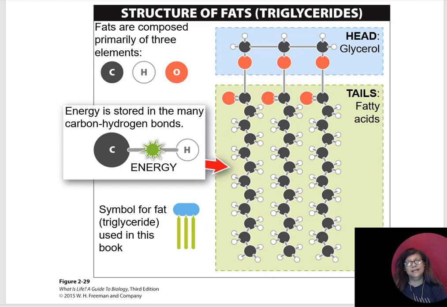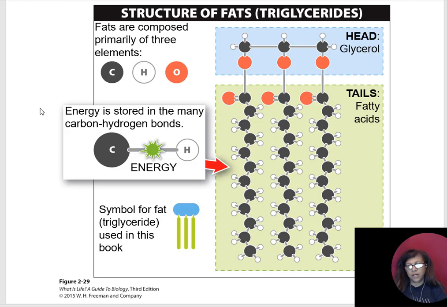But as in the other molecules that we talked about, it's all about conformation. So let's take a look at the structure of fats, triglycerides. So fats are composed of primarily 3 elements: carbon, hydrogen, and oxygen. But again, it's the conformation, right?